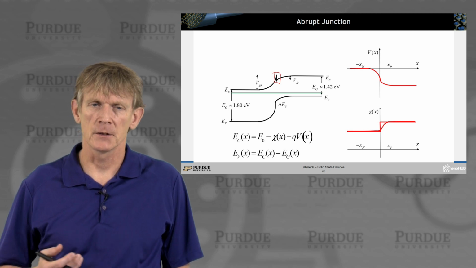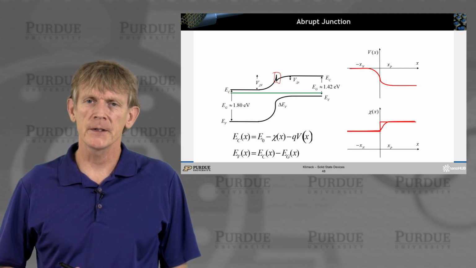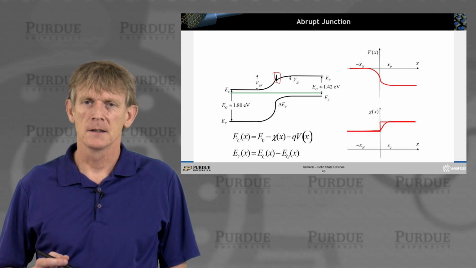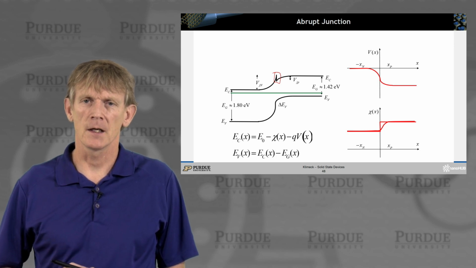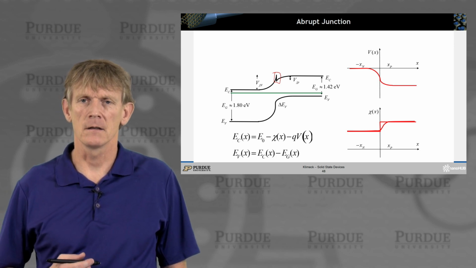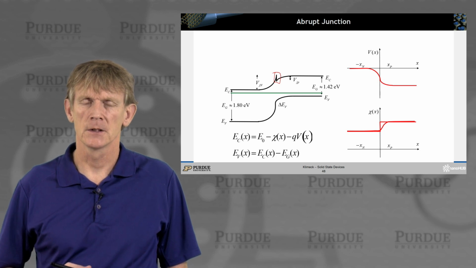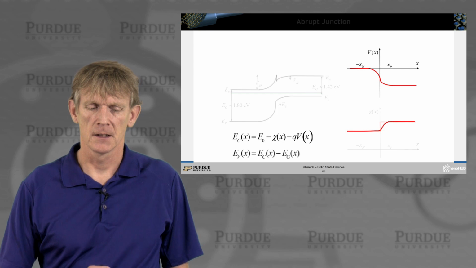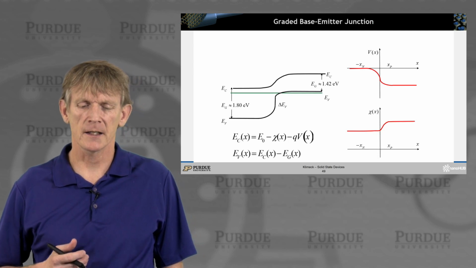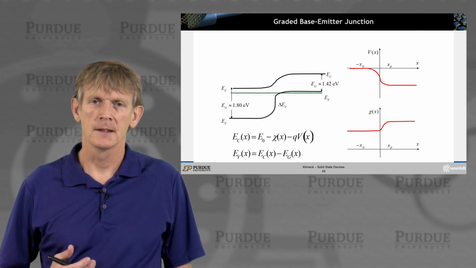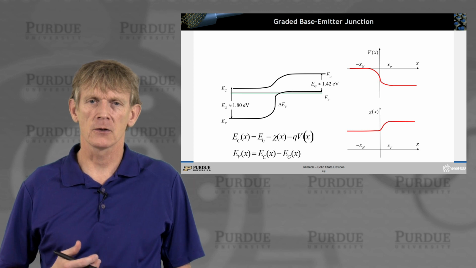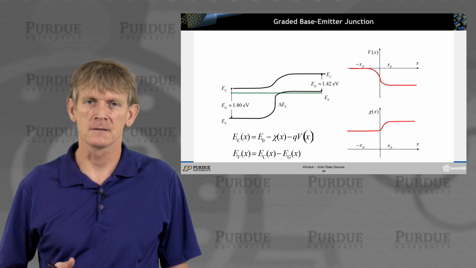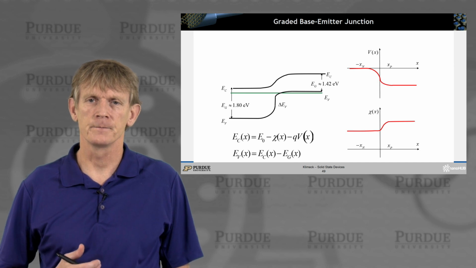Now, band edge diagram. So what if we could grade this electron affinity and grade the band gap? Okay? So what if we did not have an abrupt junction but a graded junction? If that's the case, we can actually tune away this spike in the conduction band for the electrons, and we can end up with a junction that looks like sketched here.